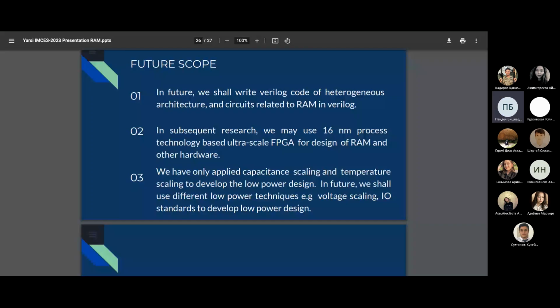We have only applied capacitance scaling and temperature scaling to develop the low power design. In future we shall use different low power techniques, for example, voltage scaling and IO standard, to develop low power design.